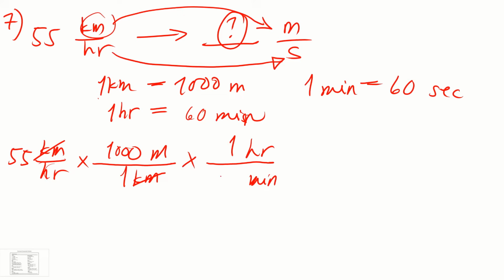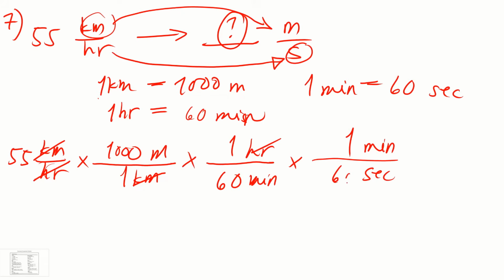So 1 hour is equal to 60 minutes. So we can now cancel minutes. But what we want here is seconds. So therefore, we need to convert minutes into seconds. So 1 minute, since nasa denominator siya dito, dapat nasa numerator siya to cancel this out. And then sa ilalim si second. So 1 minute is equal to 60 seconds. So cancel this out. And we can now perform the operation.